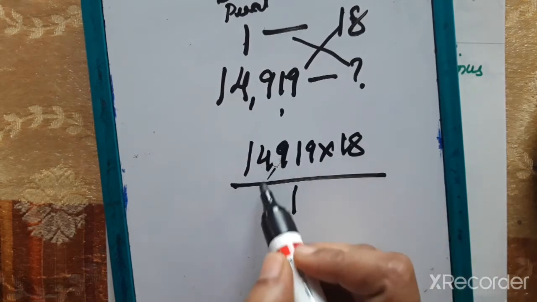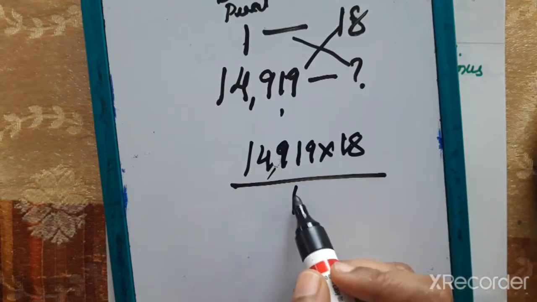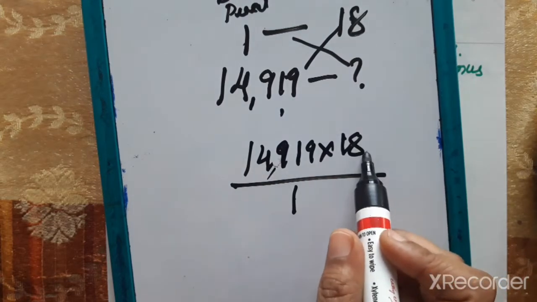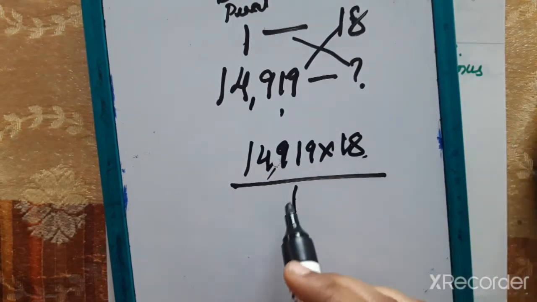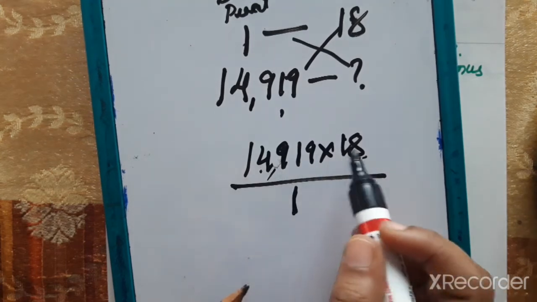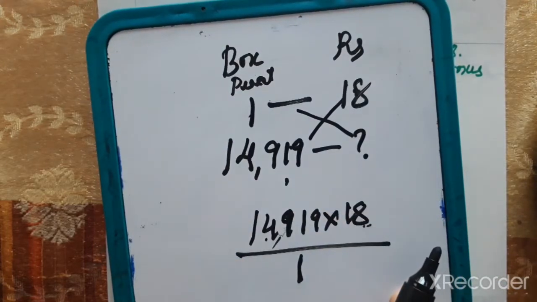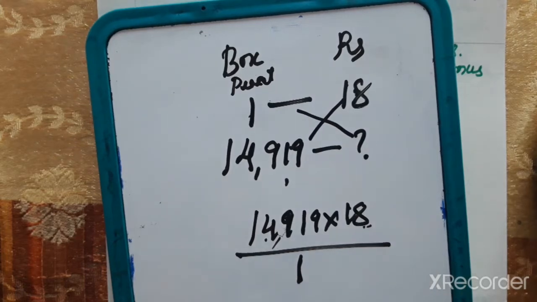Directly we can multiply 14,919 into 18. If the denominator is greater than 1, we have to multiply these two numbers and then divide by the denominator. Now, 1 means no need to write; just multiply these two numbers. With the help of the cross multiplication method, we can understand whether it is related to multiplication or division sums.